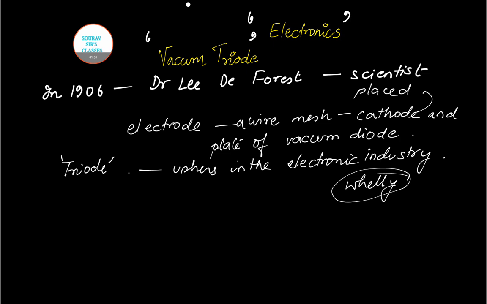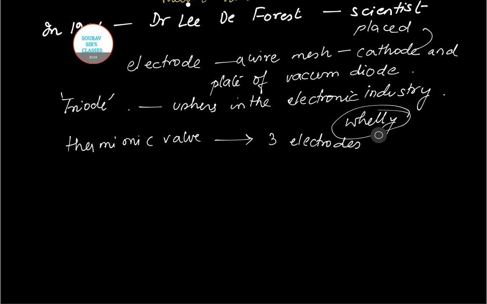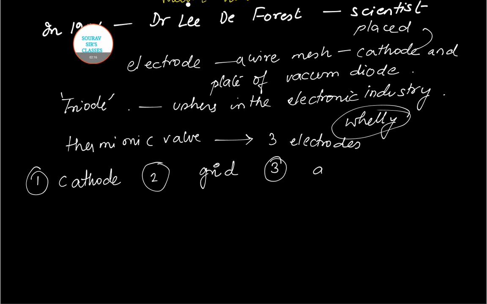So it is a thermionic valve containing 3 electrodes. These are namely cathode, this is the first one, second is grid, and the third one is anode.